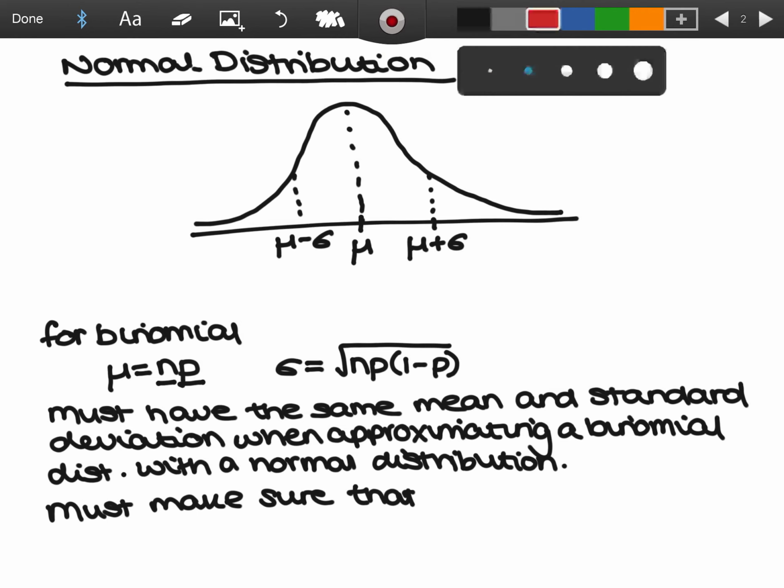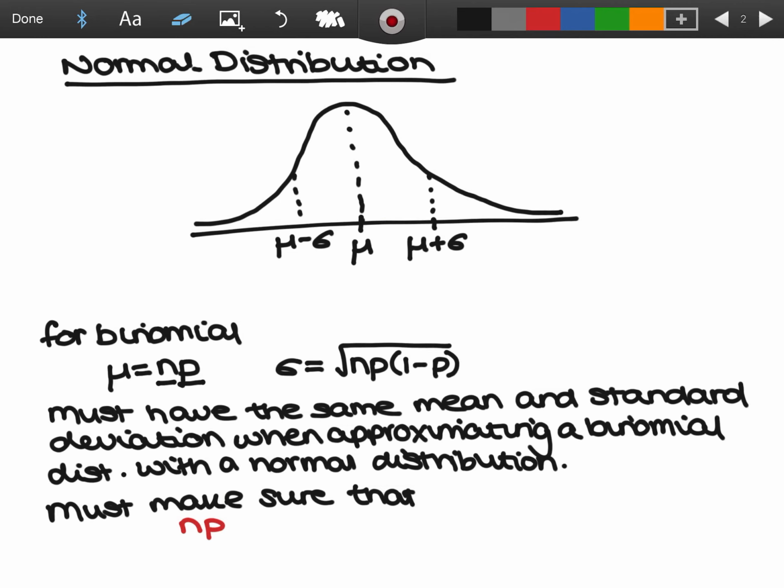First thing is that you would like n times p to be greater than or equal to 5, for at least a reasonable approximation. Your expected number of successes, so n times p, that's your mean, you would like to be at least 5, and you would like your expected number of failures to be at least 5.